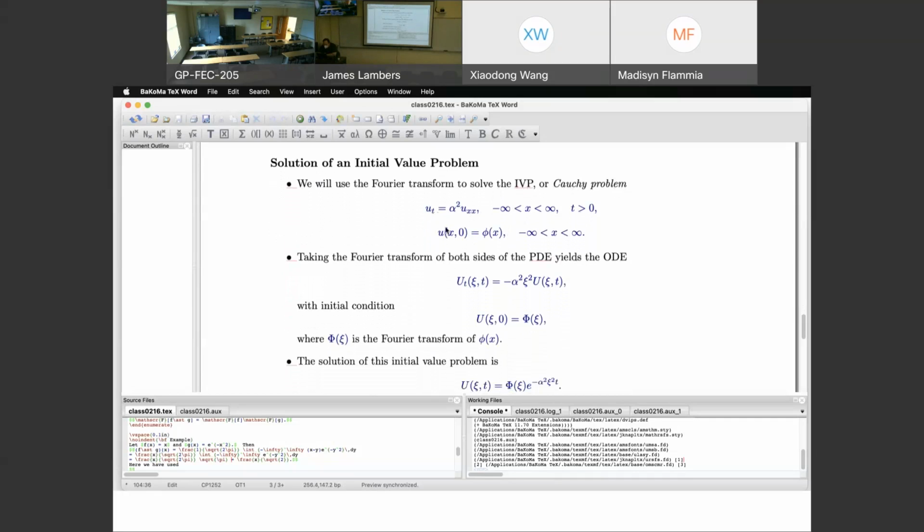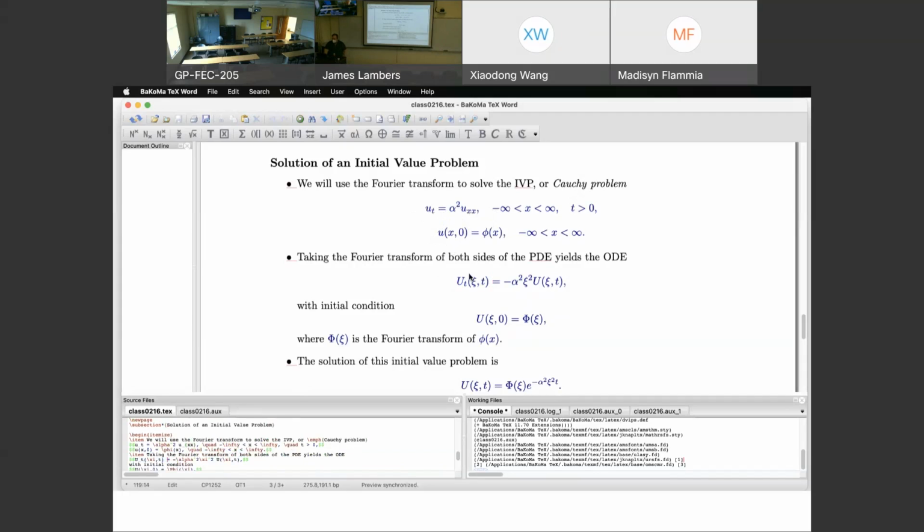So how you go about solving this is you need to take the Fourier transform of both the PDE and the initial condition. When you take the transform of the PDE, starting with the time derivative, the transform of the time derivative is just the time derivative of the transform.